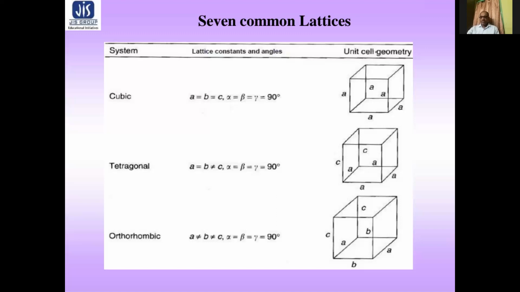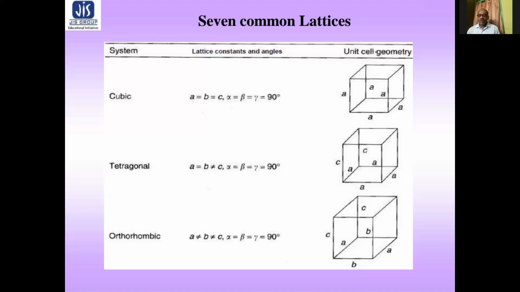That means the 7 common crystal lattices are, that is, cubical cell, where 3 equal axes are at right angles. So here in this figure, first of all, it shows the system, lattice constant and angle, and unit cell geometry.